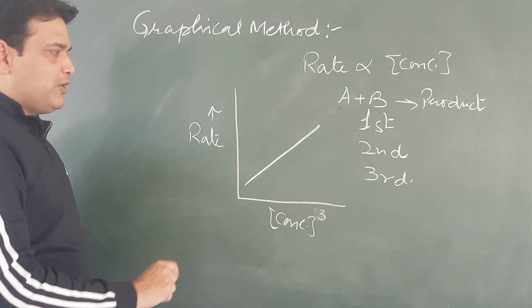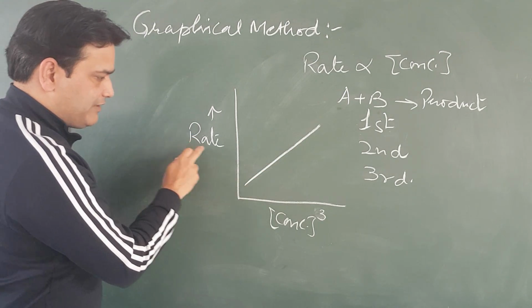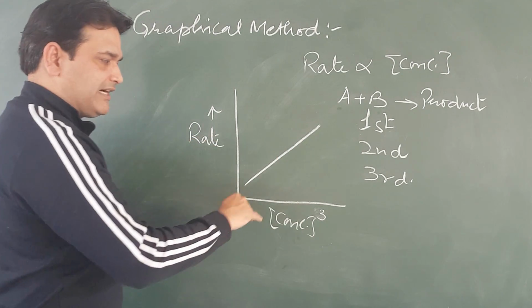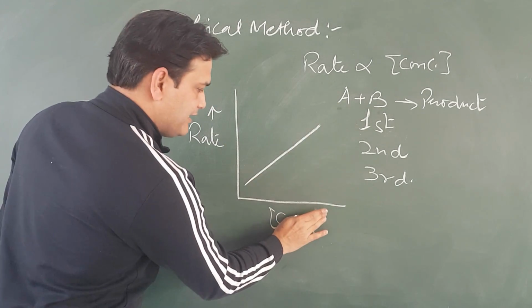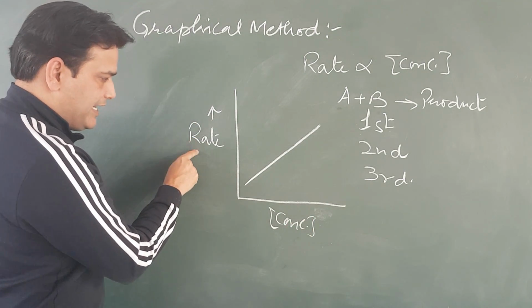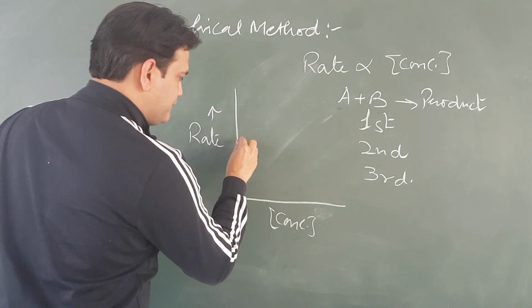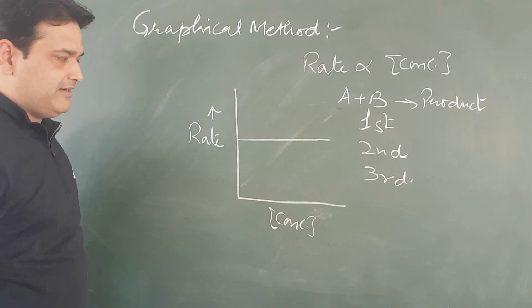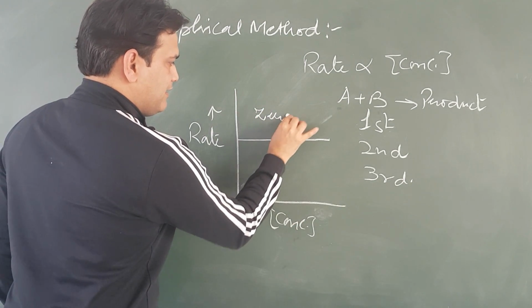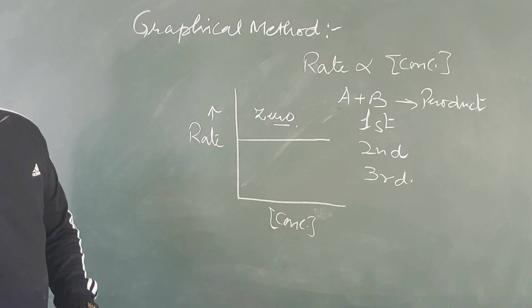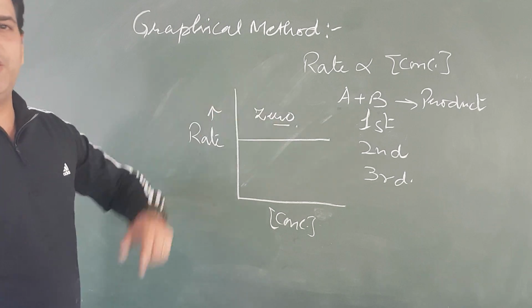And sometimes we obtain a straight line neither for rate versus concentration, concentration square, nor concentration cube. Then we see that sometimes for rate versus concentration, a straight line is obtained parallel to the x-axis, then it will be a zero order reaction.